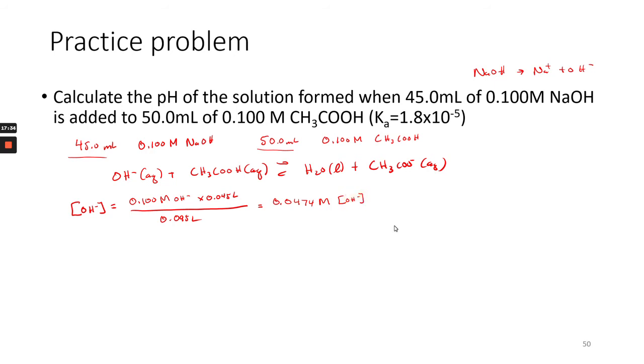You need to do the same thing for acetic acid. You're going to take its concentration times its volume in liters divided by the new volume. That'll give you the molarity of acetic acid.